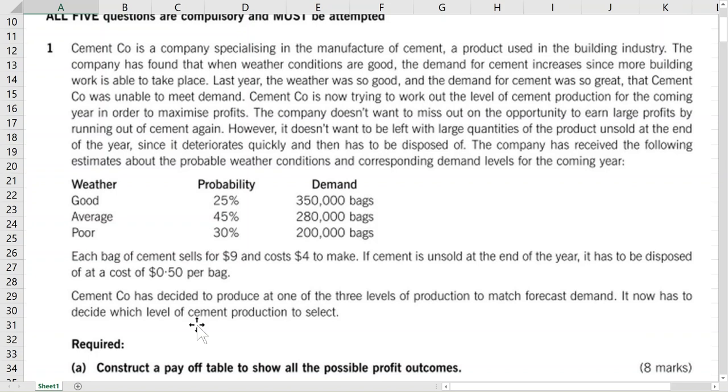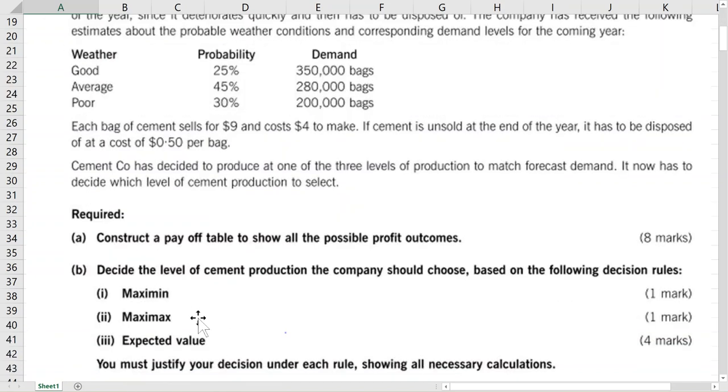So the first thing we prepare is the payoff table. These cannot be answered without the payoff table. So let's prepare the payoff table. A payoff table shows decisions and their outcomes. We have 3 decisions here and 3 outcomes.